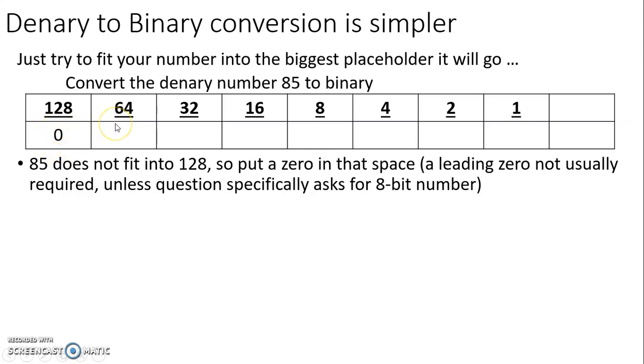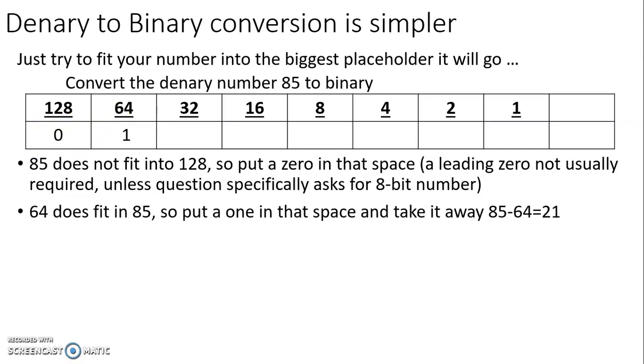We then move on to 64. Now, does 64 fit into 85? It does, and therefore we put a 1. Because 64 can fit into 85, we put a 1, and we take the remainder, so 85 minus 64 gives us 21.